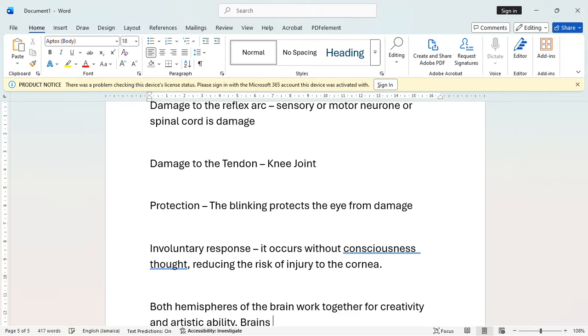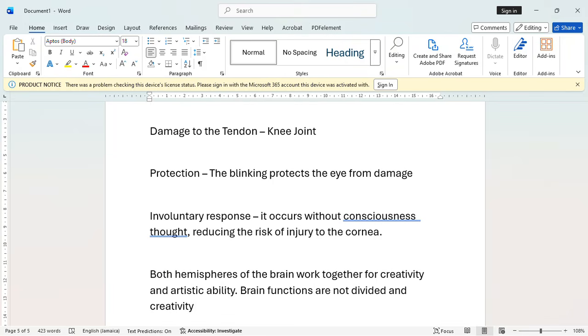Brain functions, they are not divided. So the brain functions are not divided into the hemispheres.